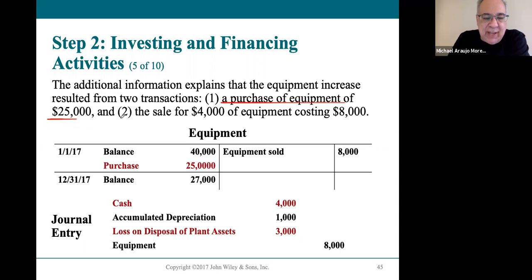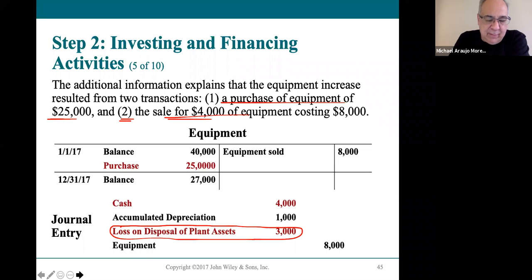The second thing that happened here with equipment is they sold $4,000 worth of equipment that cost $8,000. Right? So that's where they got that $3,000 loss. That was in the notes as well.